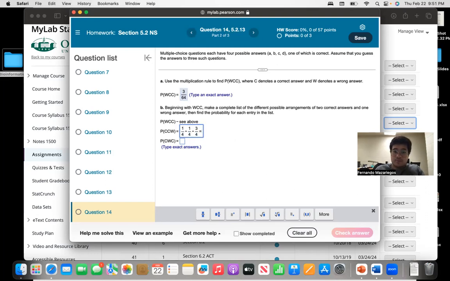We know this is the same number we had before. So it is 3 over 64. We notice we got the same number, but the calculations to get there were a little different. And we'll get something similar for this last one. So correct is 1/4, wrong is 3/4, correct is 1/4. So that is 3 over 64.